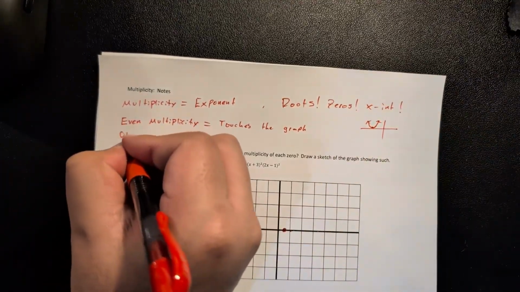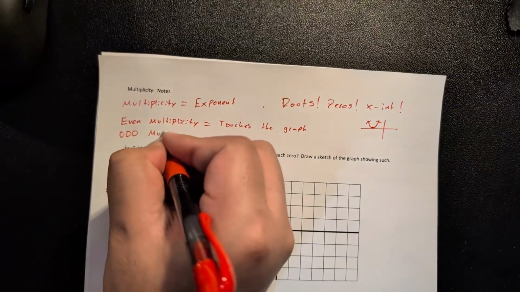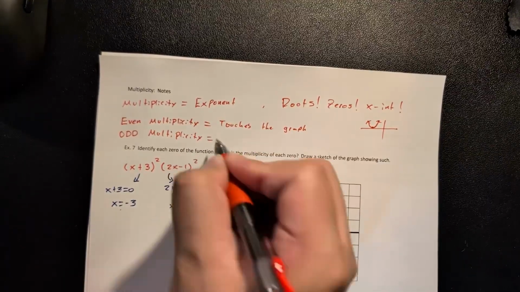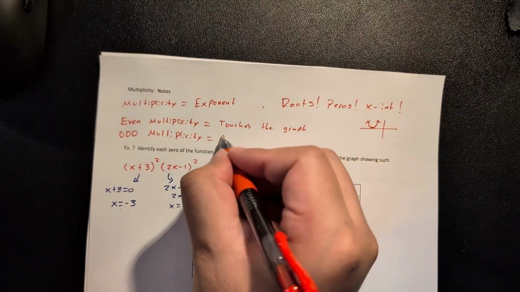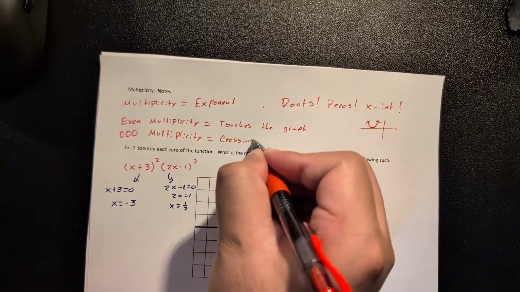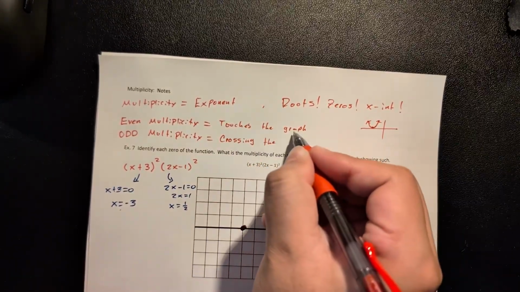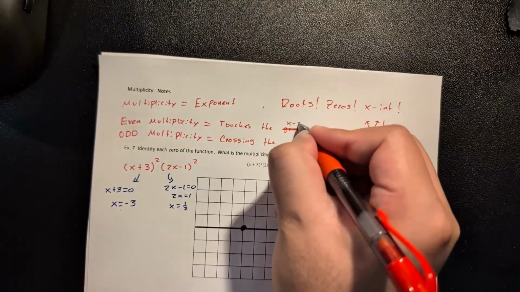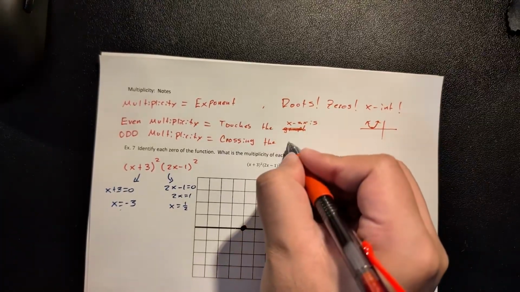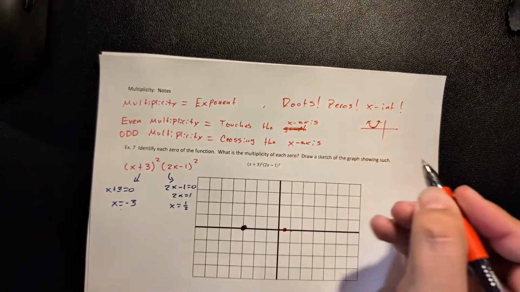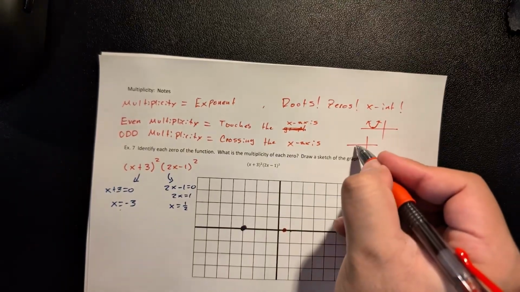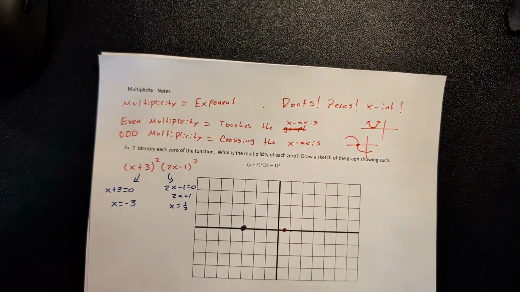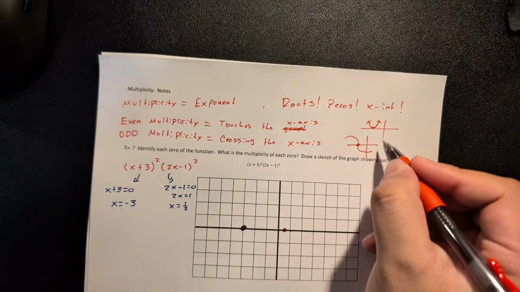If it's an odd multiplicity, it crosses the x-axis. So here it's going to look like that. It's going to cross it.